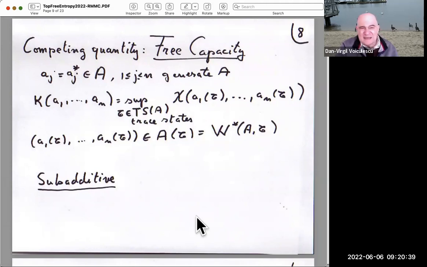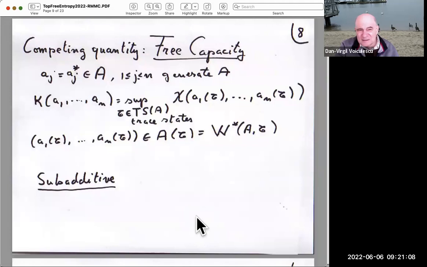And then K of A1, ..., AN is the supremum of the microstates free entropies, the ones for von Neumann algebras, of A1 tau, ..., AN tau, where A1 tau, ..., AN tau are the operators one gets from A1, ..., AN when one takes the representation associated with the trace state tau.